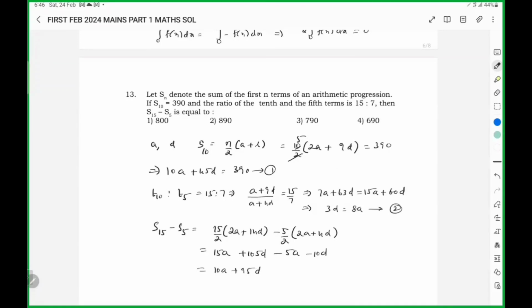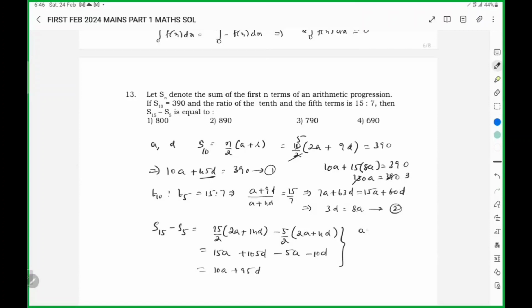Here we have one relation: 10a plus, in place of 15 times 3d, which is 8a, 105. Here it is 120, 130a. So a is 3.